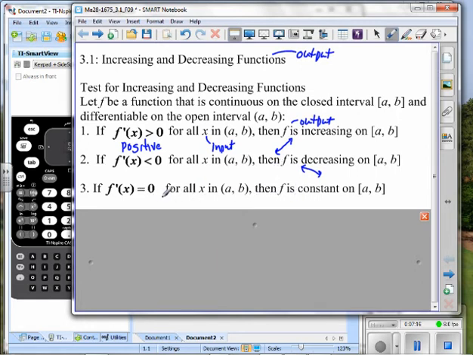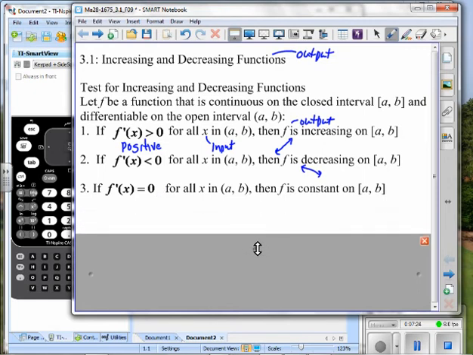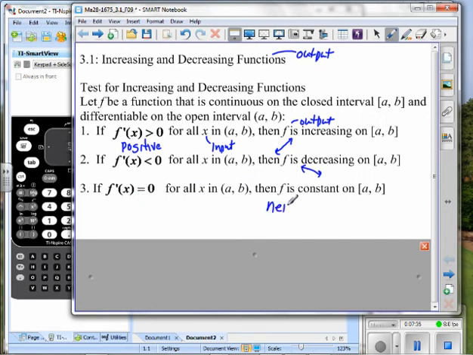So if for all of those inputs in that interval the derivative is 0, now that's not going to happen that much, that we have a horizontal portion of our graph. But what we're saying is that if the first derivative is 0, it's neither, and maybe we should put that in, neither increasing or decreasing.